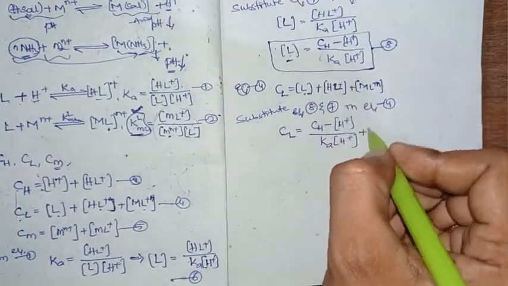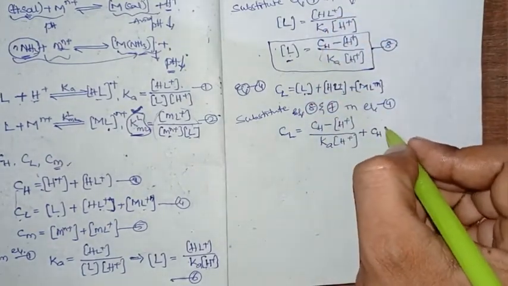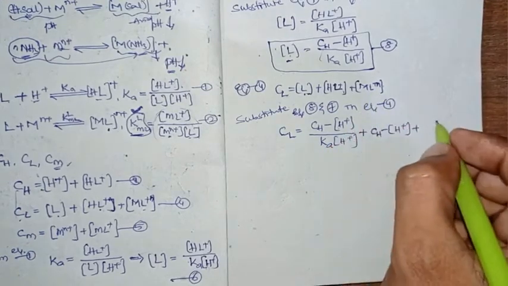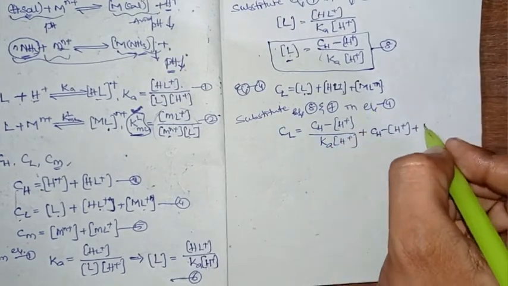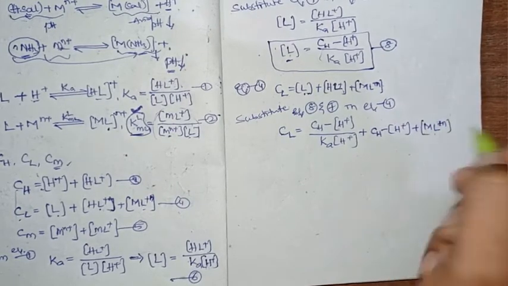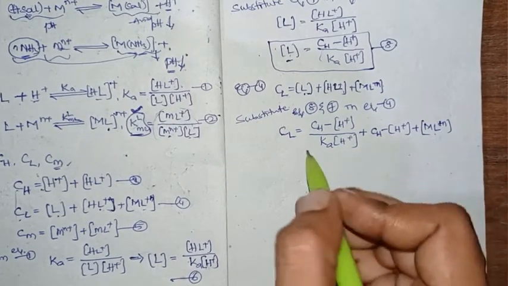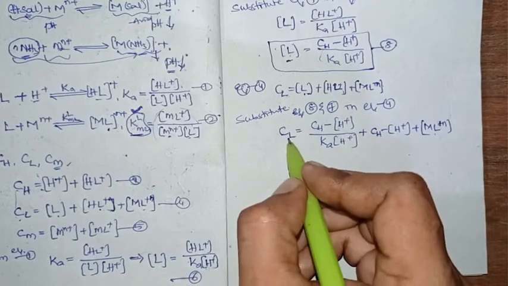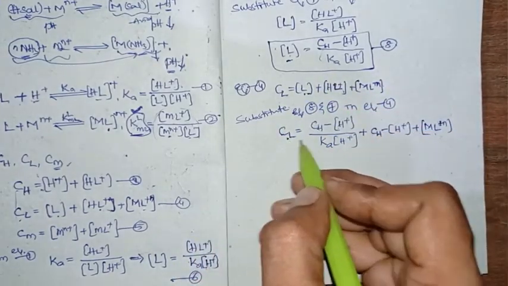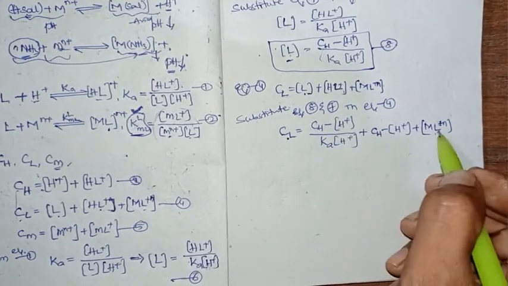Plus the protonated ligand concentration, that is Ch minus the proton concentration, plus the metal ligand complex concentration, right? Here the initial or total concentration of ligand that we have taken is known to us, and all these terms are known to us, and these two terms are also known to us.